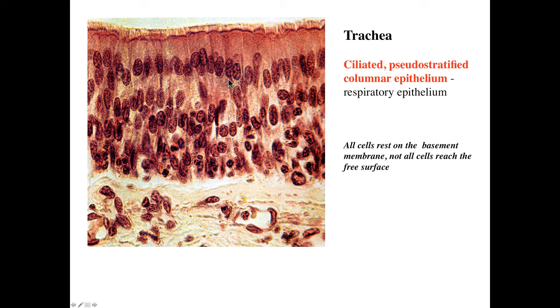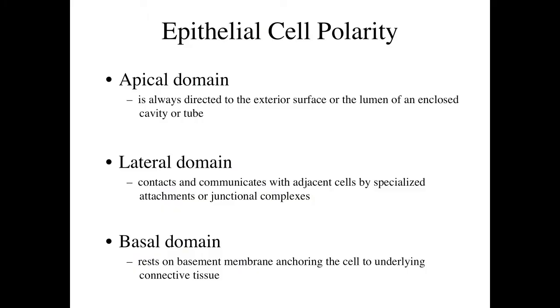This is pseudostratified columnar because it looks like there are multiple layers of cells, but if you could trace these cells, all of these cells rest on a basement membrane, but not all of the cells necessarily reach the free surface. So it's a pseudostratified columnar epithelium.